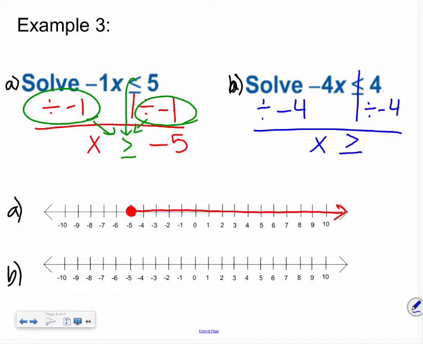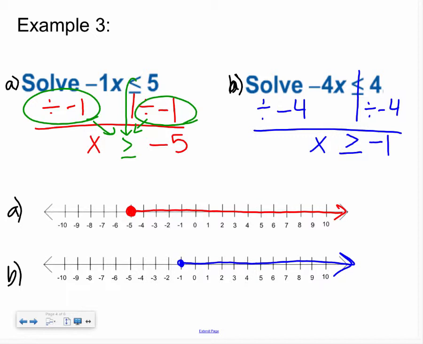And then what's a positive divided by a negative? That becomes negative. And what's 4 divided by 4? 1. So now I find my negative 1, and x is greater than or equal to, so it's going to be a filled-in circle at negative 1. I said x is greater than or equal to, so that means I will point to the right.